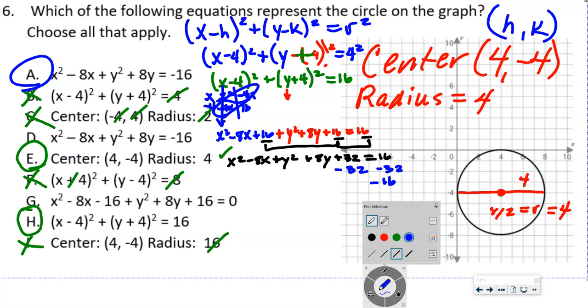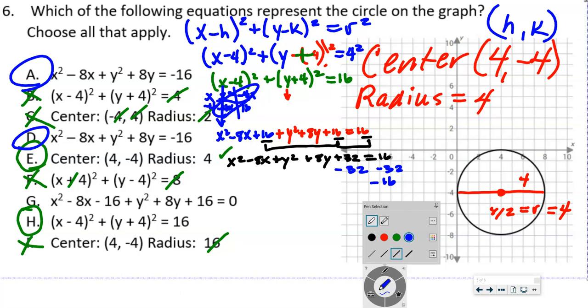Negative 8x, y squared plus 8y. Well, I think those two are the same right now, y'all. Did I not fix that? Let me see. Yep, I think that was correct as well. Same answer, y'all.